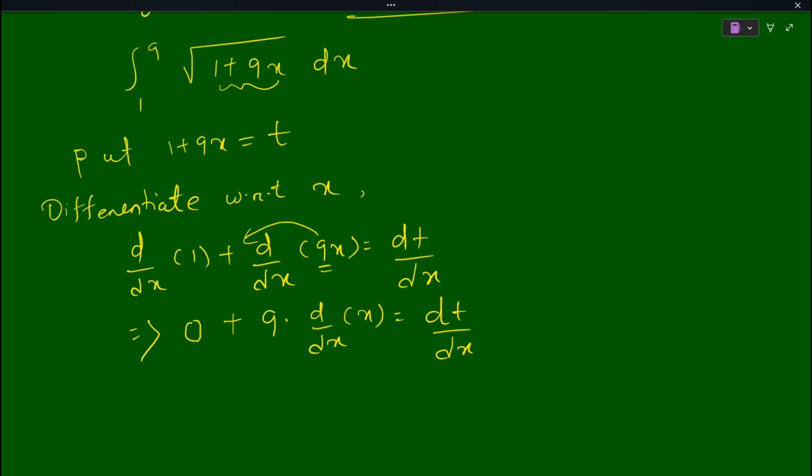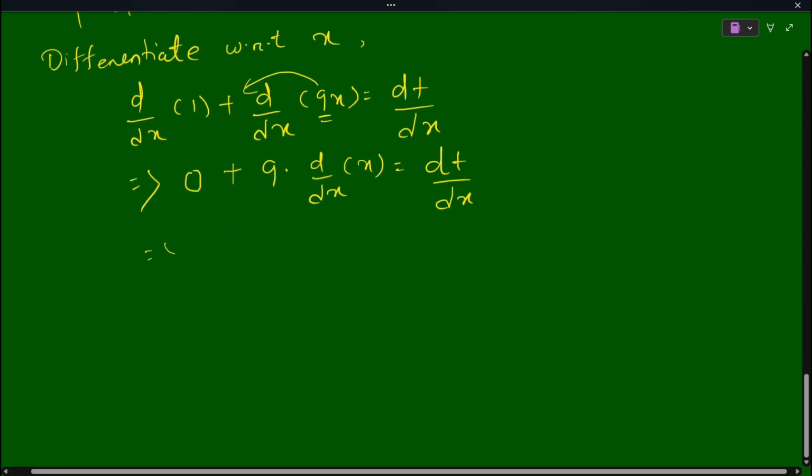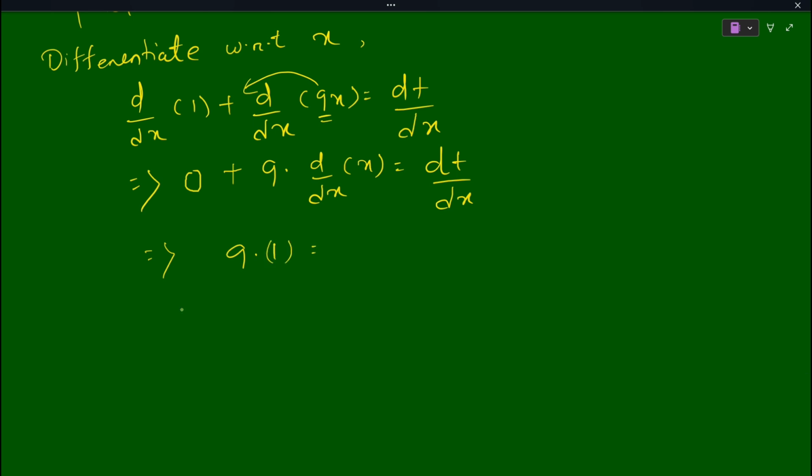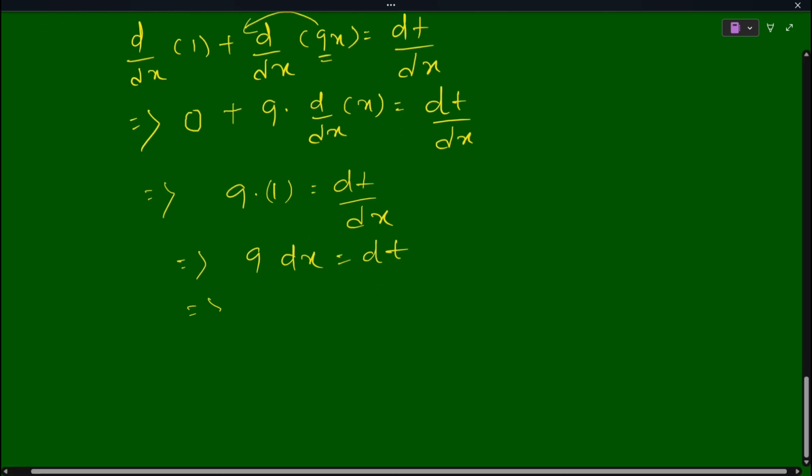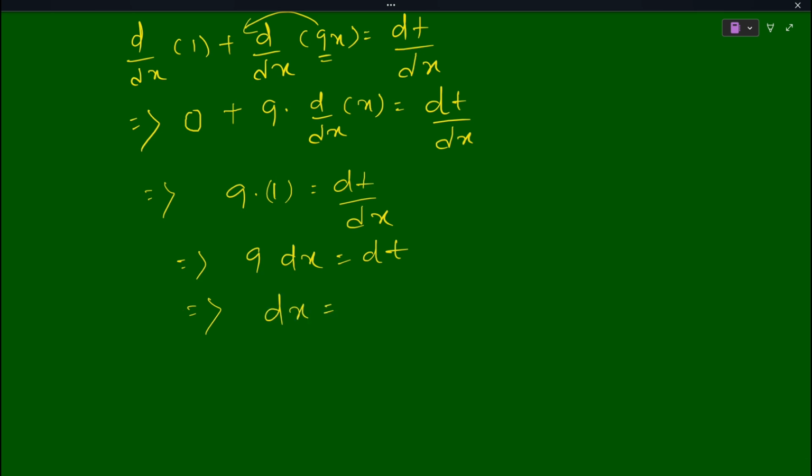The derivative of x with respect to x is 1, so 9 equals dt by dx. Cross multiplying, 9 dx equals dt. Now take 9 to the right hand side, so dx equals dt by 9.